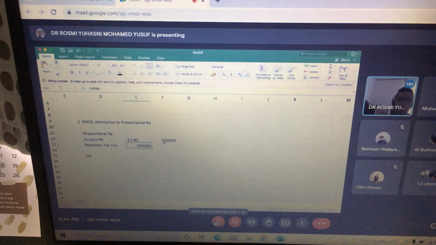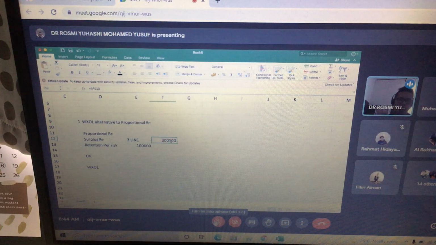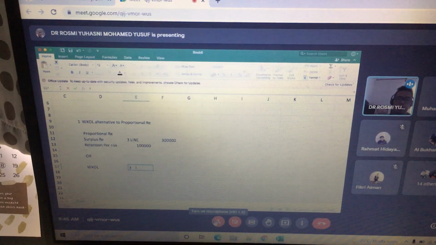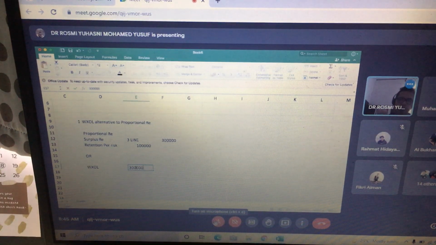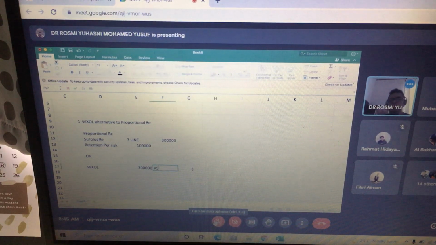If this amount is modified into working excess, knowing that the capacity required is 300,000 per risk for working excess, insurer can arrange the same amount juga for the cover, which is 300,000, in excess of the retention.